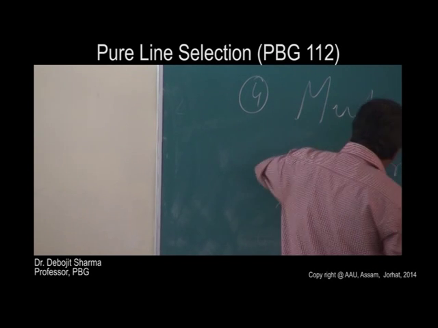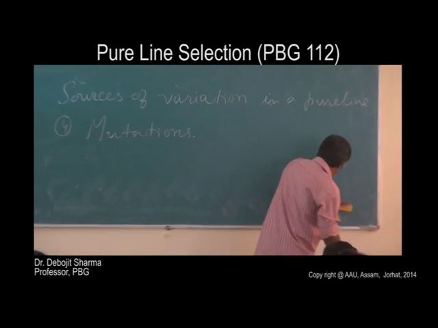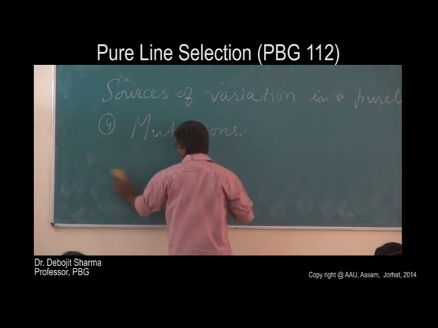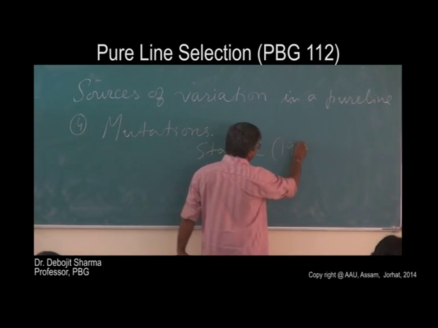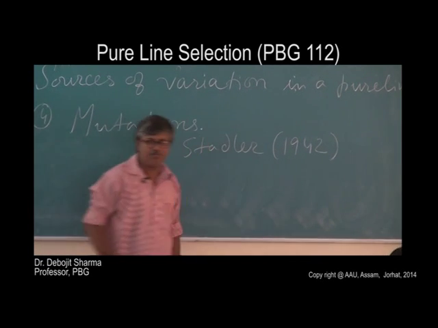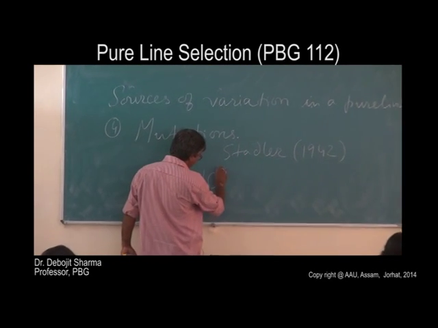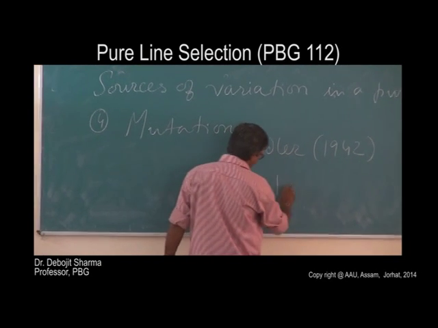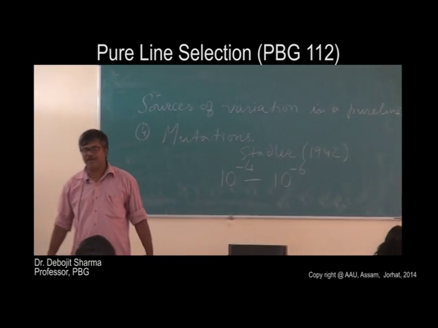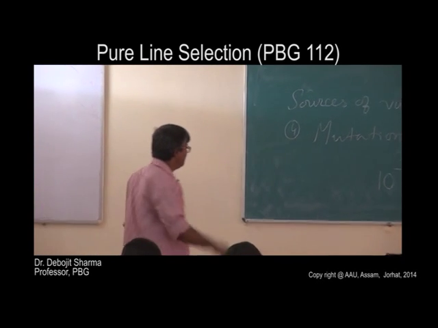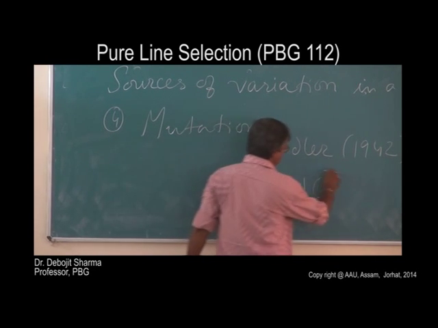The mutation frequency was estimated in maize by Stadler in 1942. He estimated the spontaneous mutation frequencies in maize, and he found that it is of the order of 10 to the power minus 6 to 10 to the power minus 4.